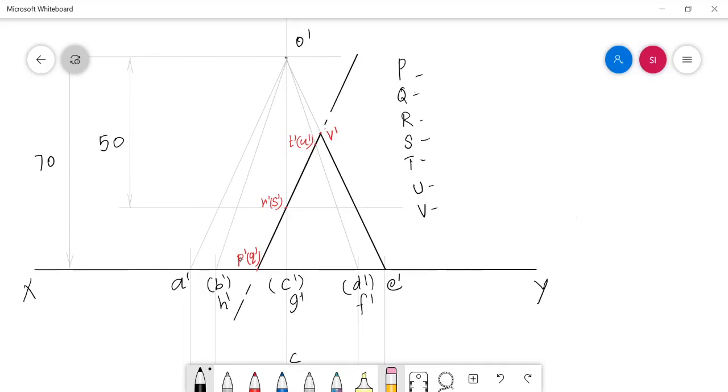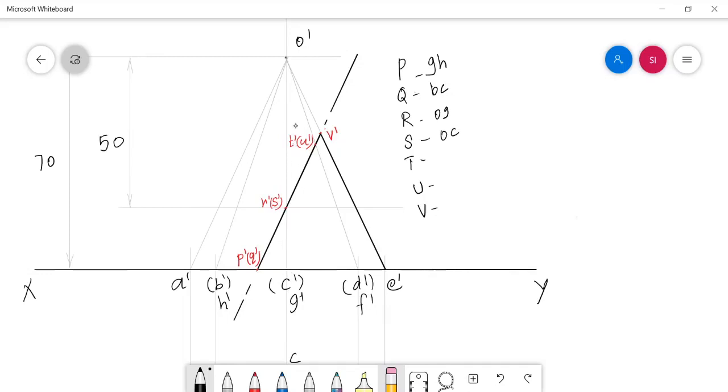So the cut point P dash is obtained in the arc piece G dash H dash. And the Q dash cut point is obtained in the arc piece of the base B dash C dash. And then the cut point R is obtained in the slant generator O dash G dash. And the cut point S is obtained in the lateral generator O dash C dash.